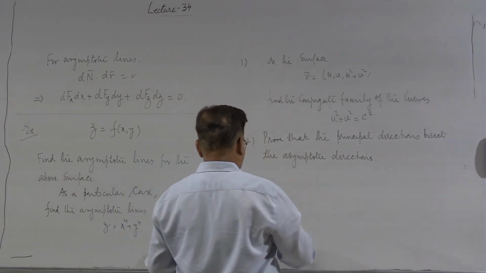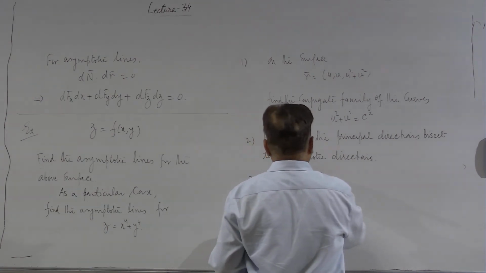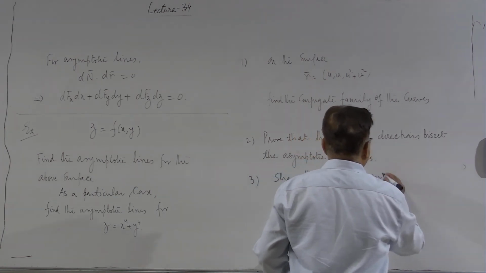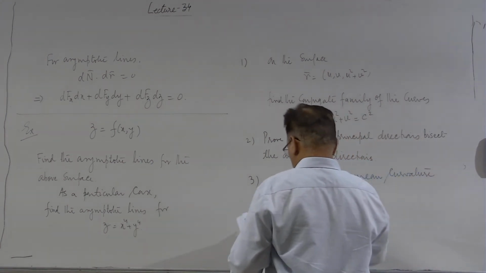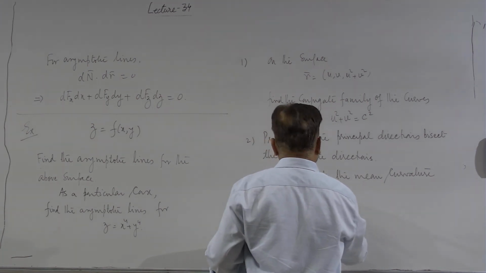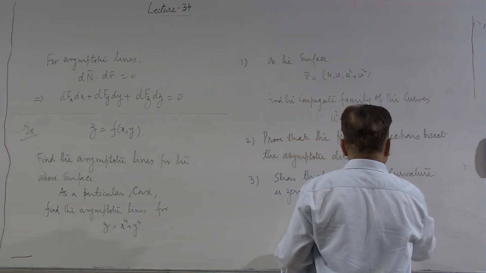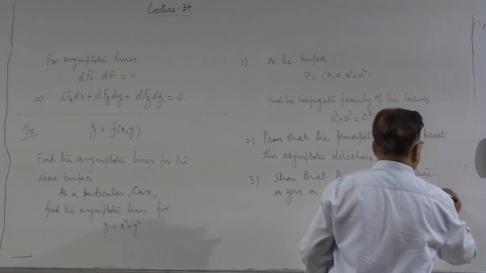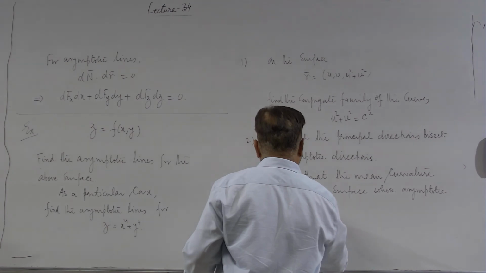So, show that the mean curvature is 0 on a surface whose asymptotic lines are perpendicular.